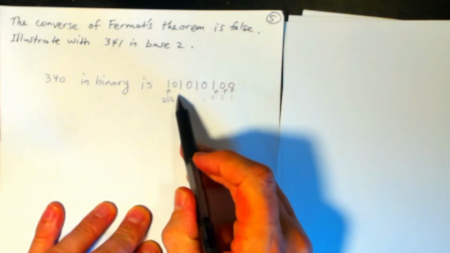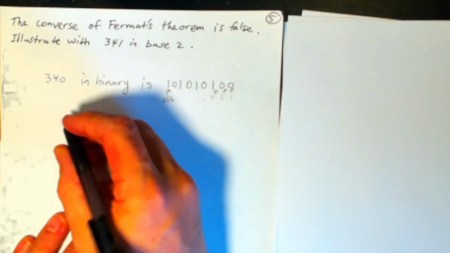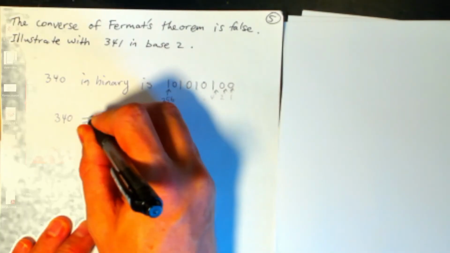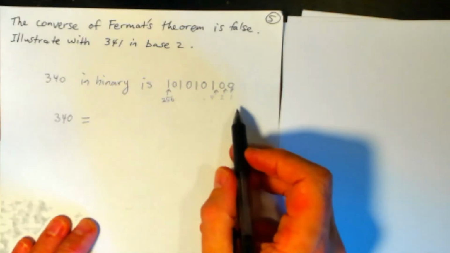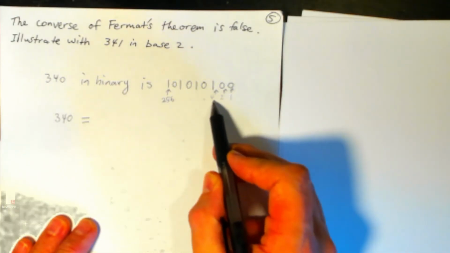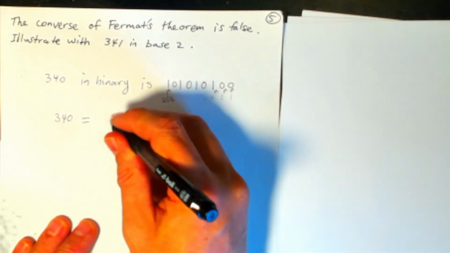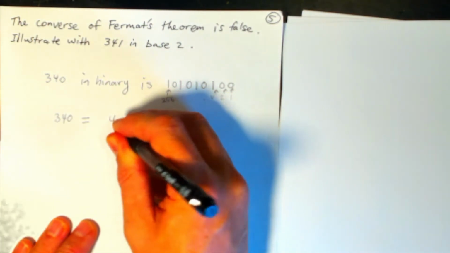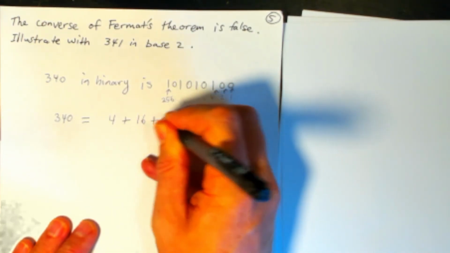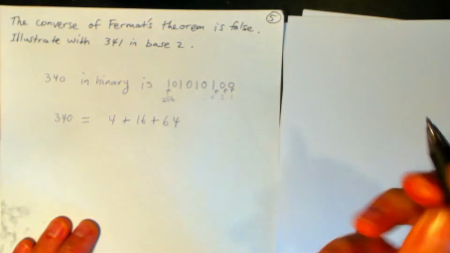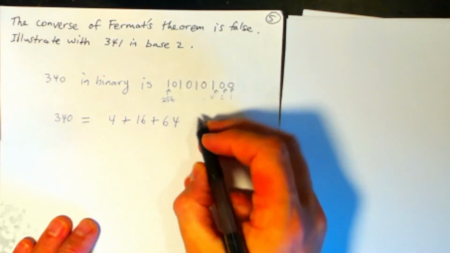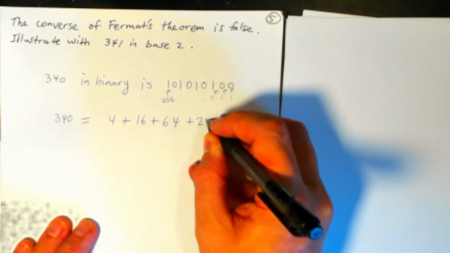Okay, so where we have 0 we ignore. So what this says then is that 340 is equal to, let's see, we don't have any 1's place, 2's place, we do have a 4's place. So 4 plus 16 plus 64 for this place, and then plus 256.